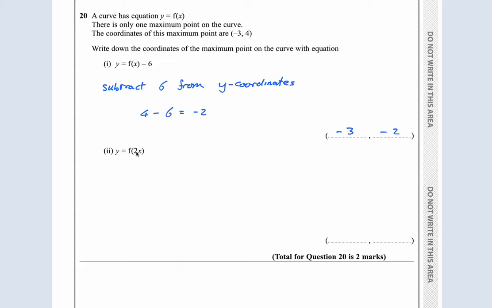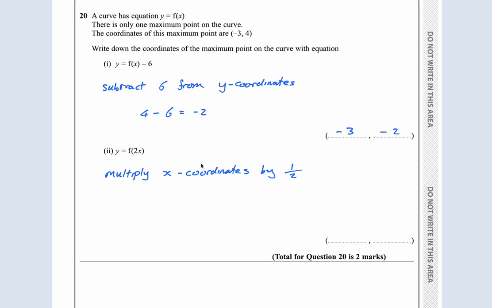If I now have to transform it like this, this is a horizontal stretch of scale factor 1/2. What we do is we multiply the x coordinates by 1/2. So just be very careful.